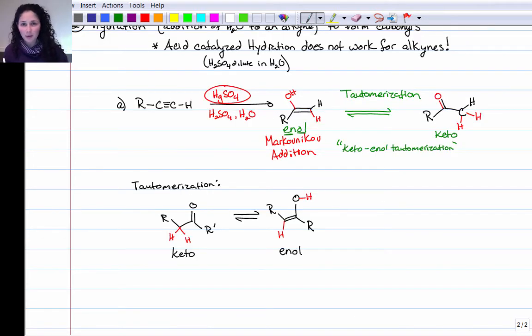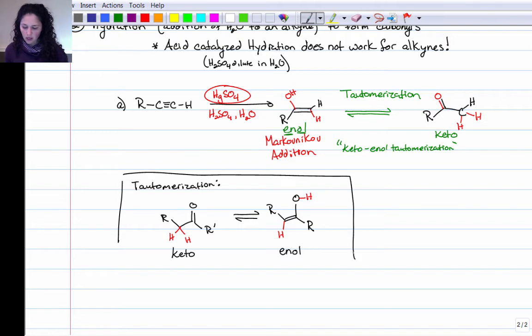So I want to talk a little bit more about tautomerization. And you can see here from this general reaction I've written, which is a tautomerization, it's really just basically a movement of one of these hydrogens that's on the carbon adjacent to the carbonyl. This is actually called the alpha carbon.